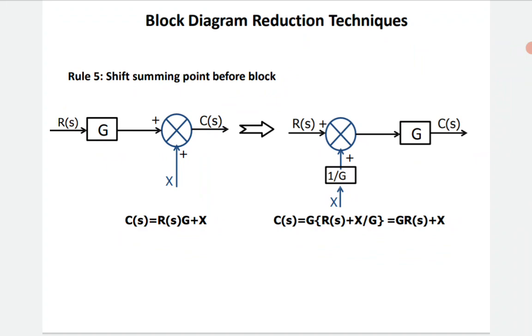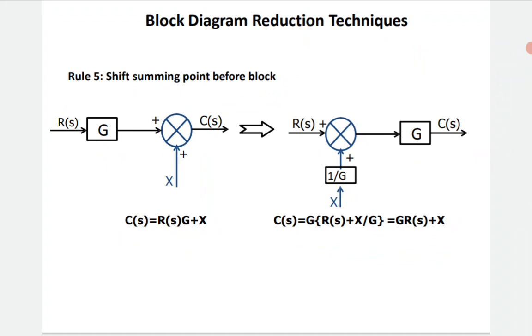When I am representing it in an equivalent form, what is my aim? I need to shift this summing point before this block, or ahead of this block. That means the summing point should be shifted ahead of block G. So what should I do? I can introduce or delete any number of blocks, by which I can generate the actual result established on the left hand side. So see what I made.